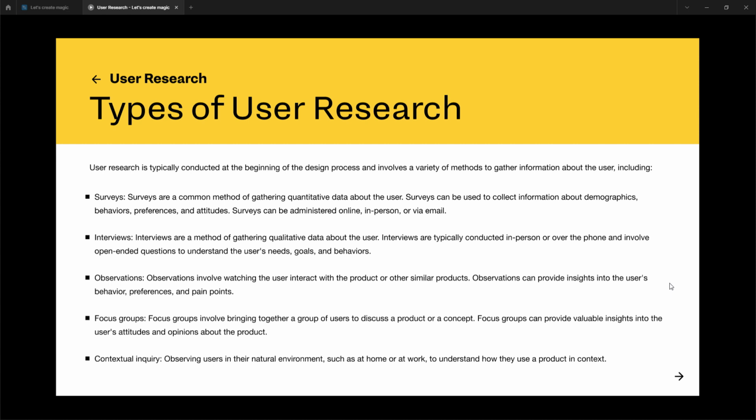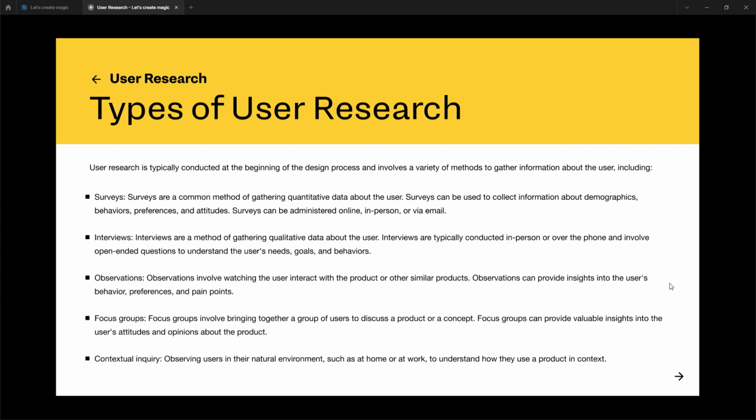Two, interviews. Interviews are a method of gathering qualitative data about the user. Interviews are typically conducted in person or over the phone and involve open-ended questions to understand the user's needs, goals, and behaviors. In an interview, we conduct interviews through phones, and you can also move from putting out a survey to getting into an interview stage.